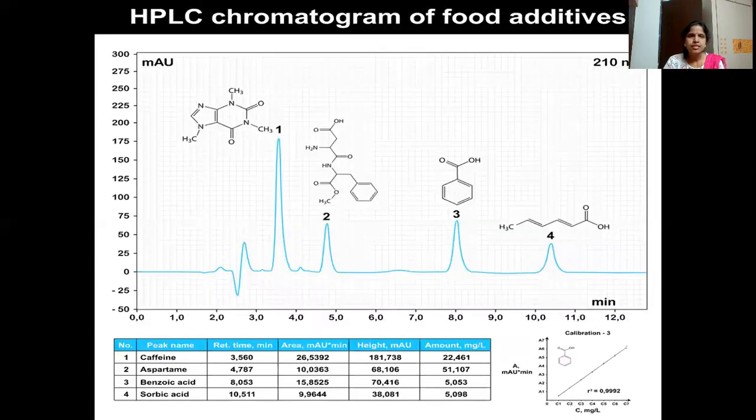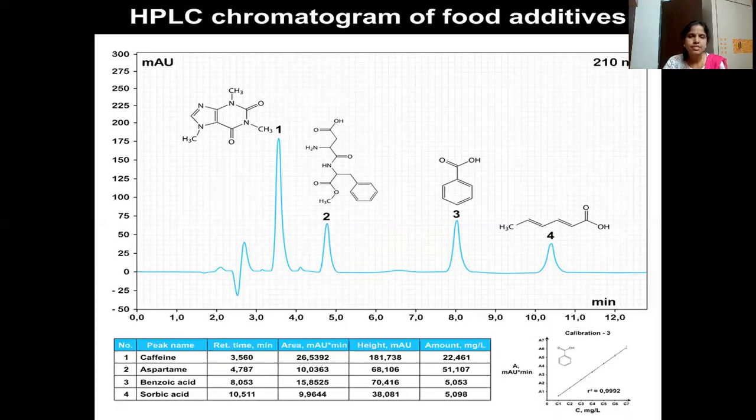This is another example of an HPLC chromatogram of food additives. You can see here caffeine, aspartame, benzoic acid, sorbic acid are the additives which are added in the food.